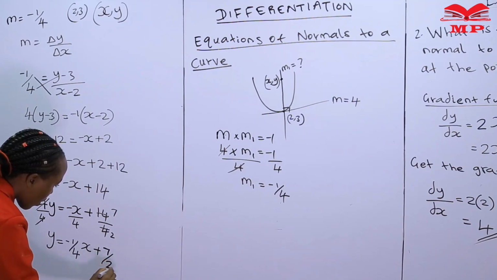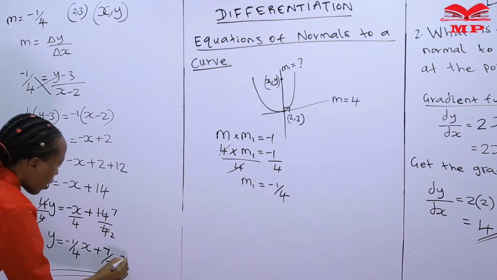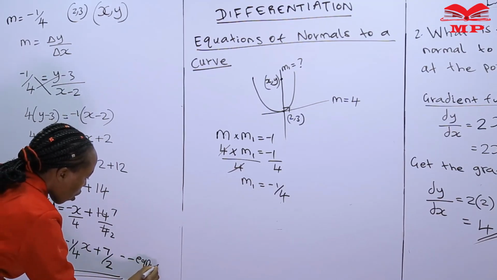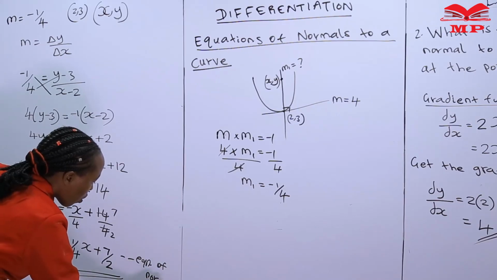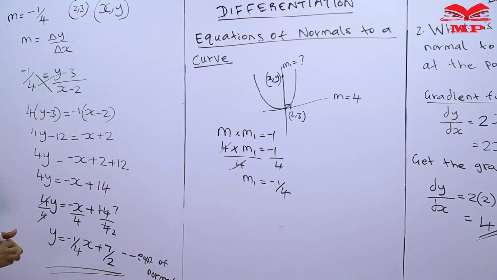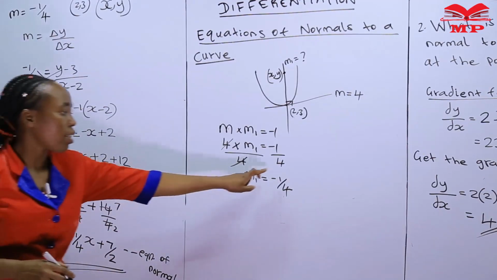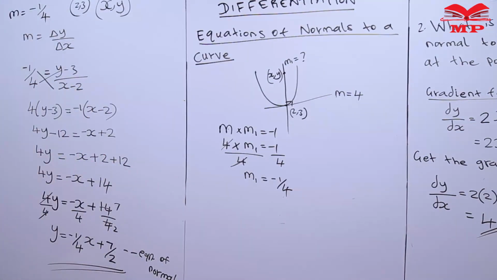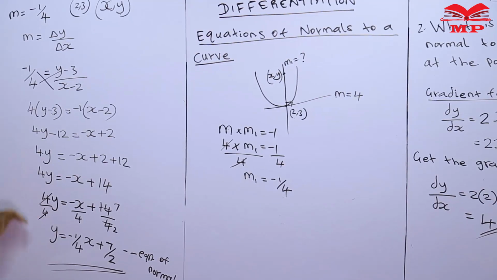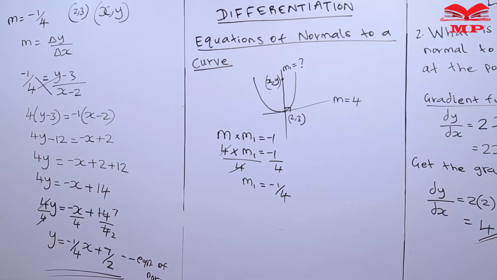So we have 7 over 2. And this is now the equation of the normal. We can see clearly from this, our gradient is negative a quarter, the gradient of the normal. So this will give us the equation of the normal.